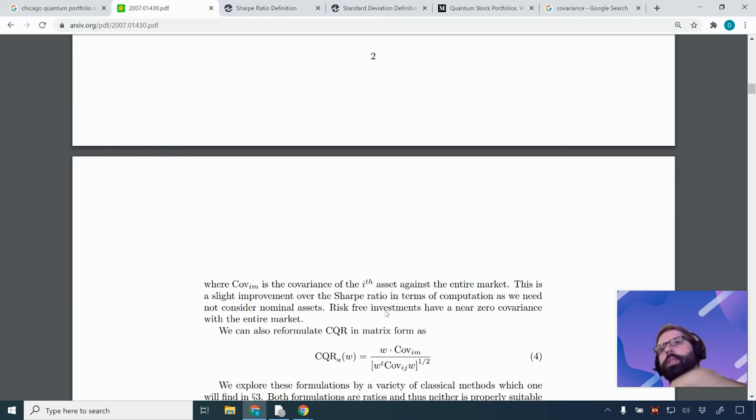Not 0 covariance. Because with a risk-free investment, you're always winning. Okay. Risk-free investments.